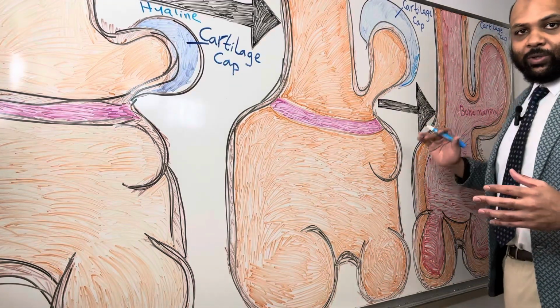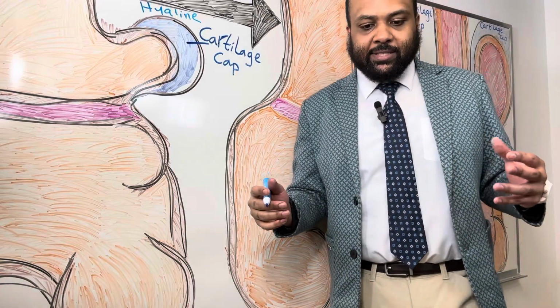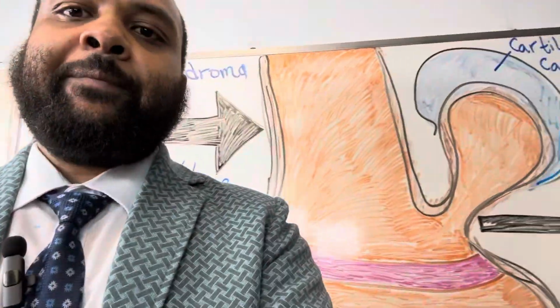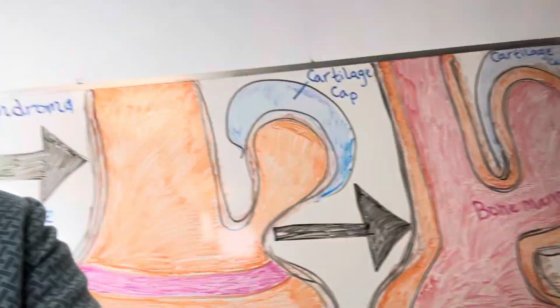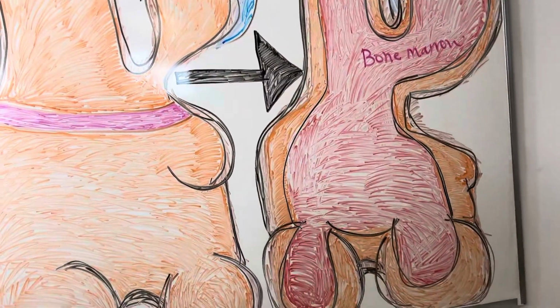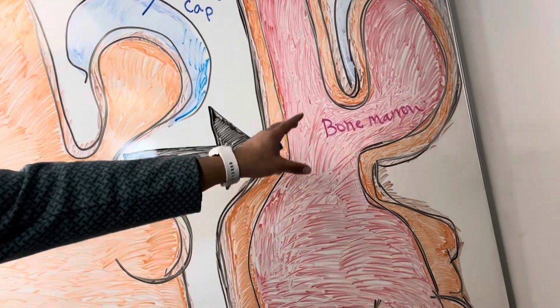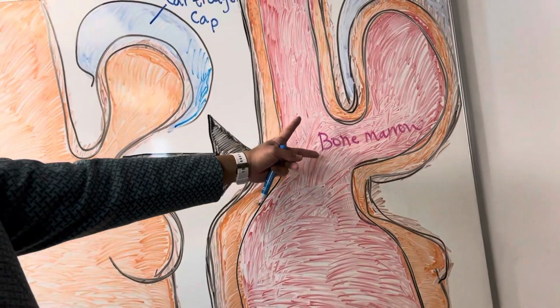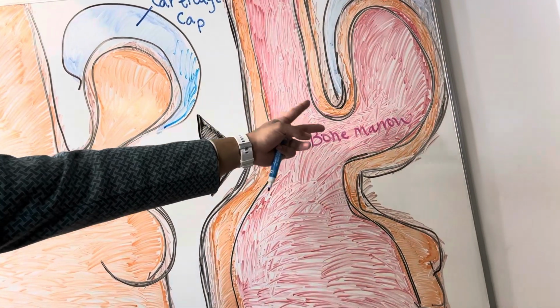Now when we examine the x-ray, what do we see? We see that there is a huge tumor on the side, and if we want to treat this tumor, we have to excise and cut it out.